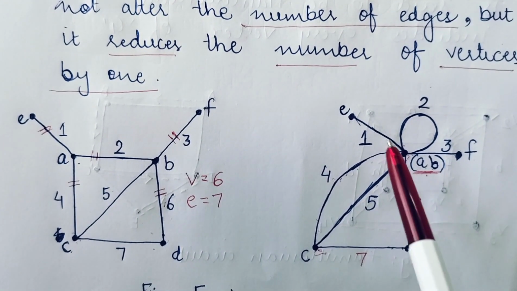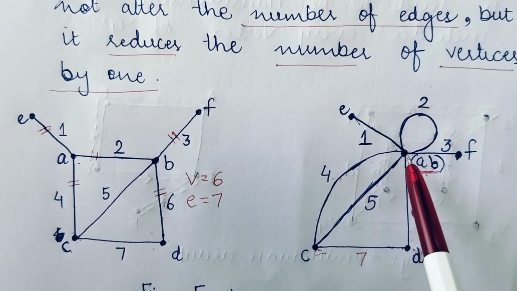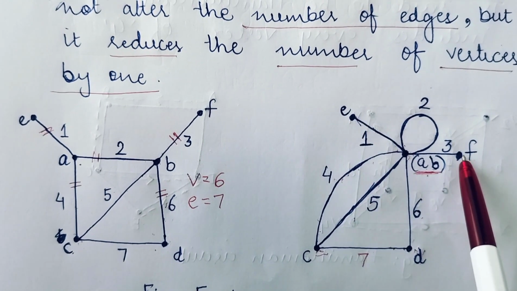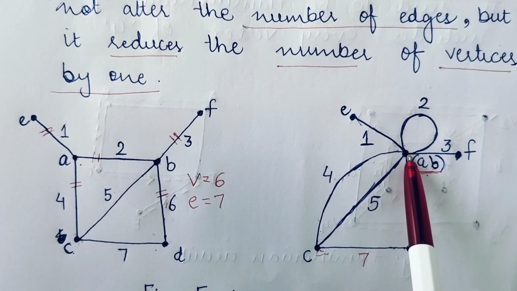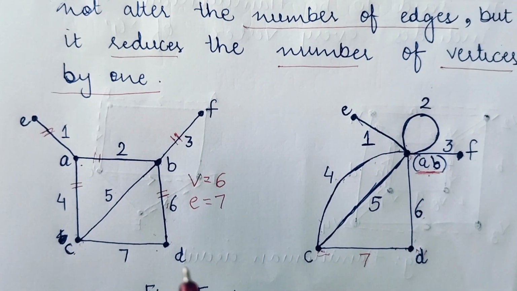So let's write down all the vertices first. We will write vertex E, vertex F, vertex D, vertex C, and vertex A and B will now be written as vertex AB, right?